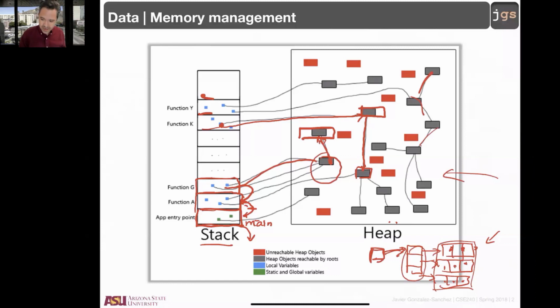Moreover, you can have multiple lines, like multiple references to the same place from multiple methods. More than one method can access the same information in the heap, just having the address, having a reference. And we're going to play a lot with this.